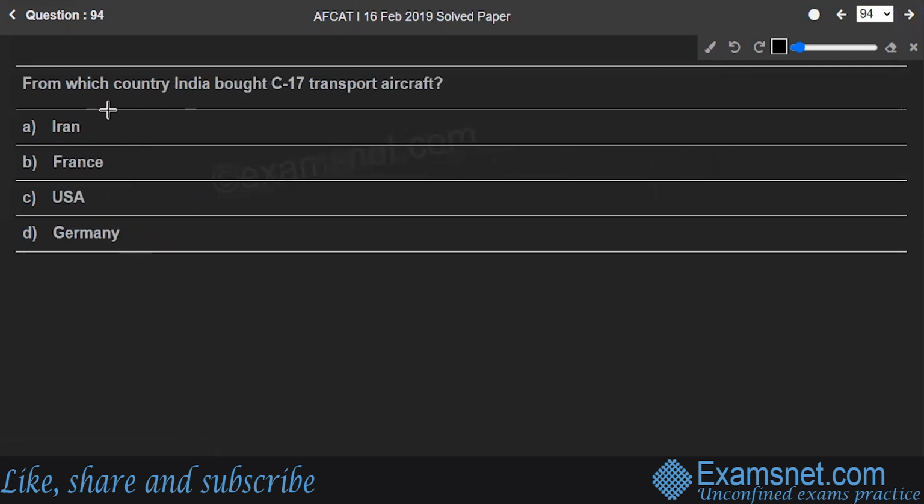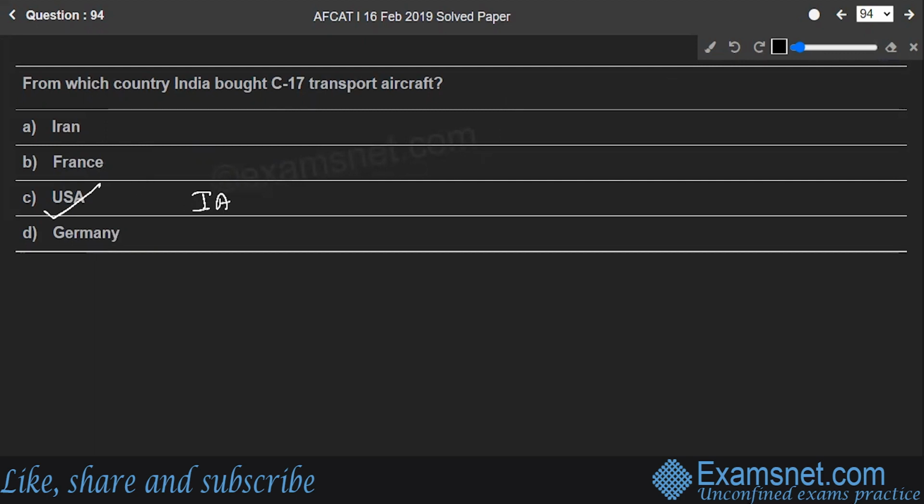Next is question number 94. It says, from which country did India buy C-17 transport aircraft? Is it Iran, France, USA, or Germany? Well, the correct answer to this question is USA.